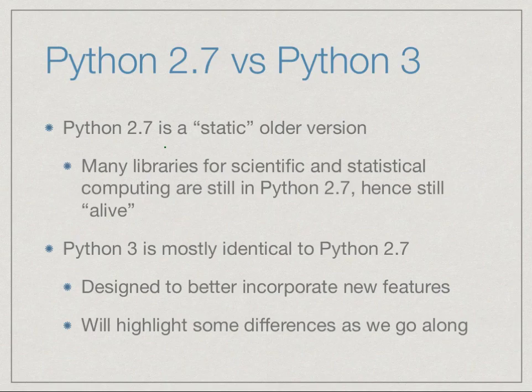So Python 3 essentially is a modern version of Python which incorporates features that were added on as it grew, in a way that makes it more consistent and easier to use.